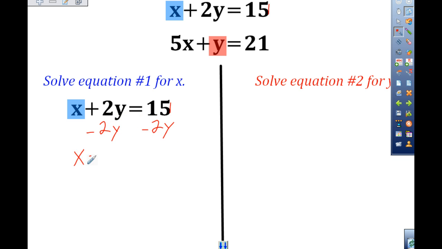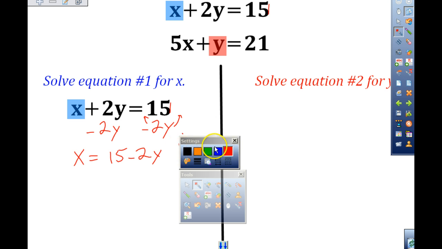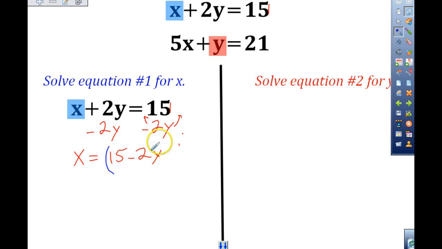And now I have x equals 15 minus 2y, or negative 2y minus 15. It doesn't matter if you put it here or here, one or the other. And then from that point, I can take 15 minus 2y, plug it into here, and go ahead and solve.